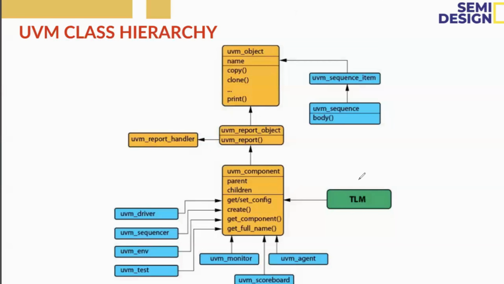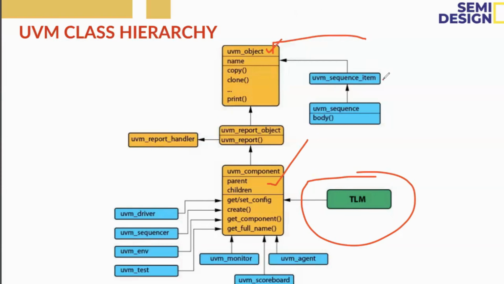Okay, so why is TLM connected to component? Why not to object? And why are sequence items connected to object? Why not to component? Very simple question.